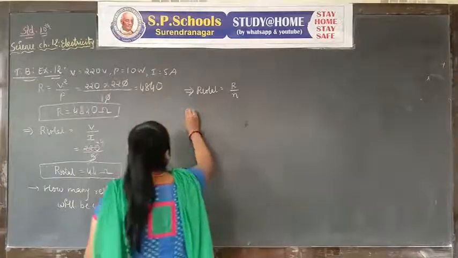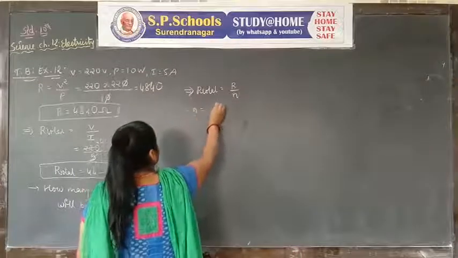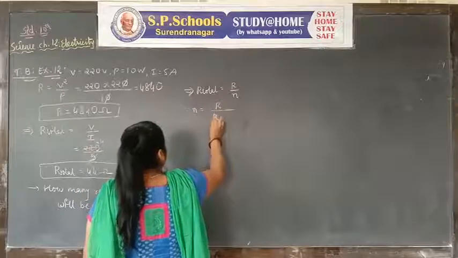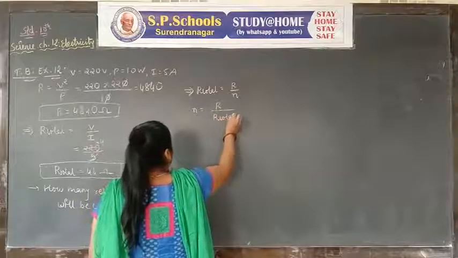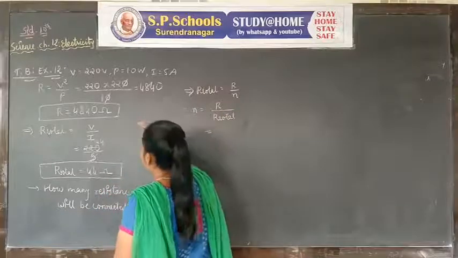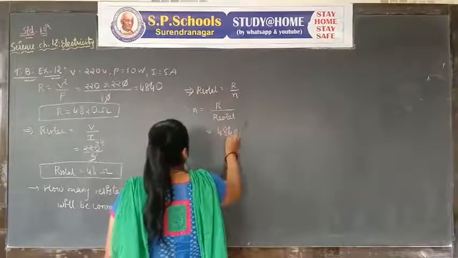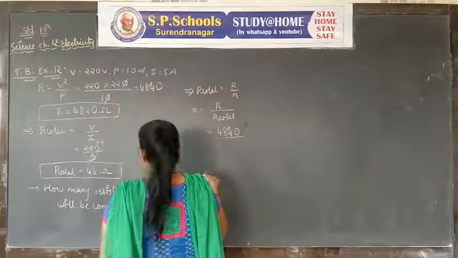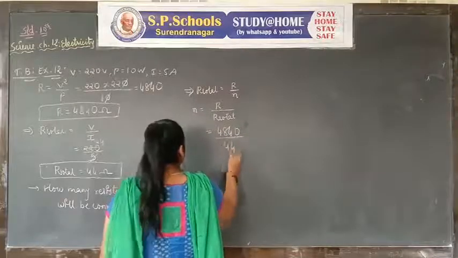When we make small n the subject, it will be capital R upon R total. Capital R we found is 4840 and R total means 44.